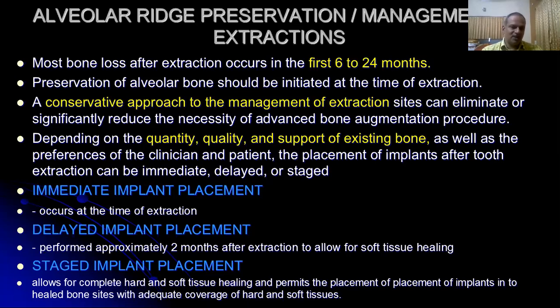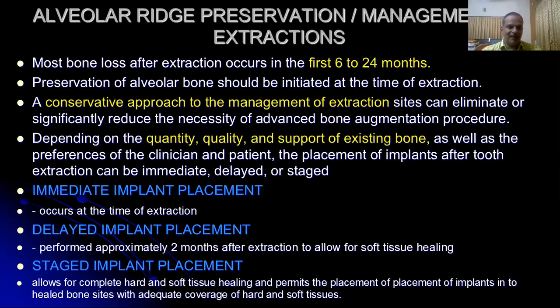The disadvantages of immediate implant placement: if the implant is placed with the two-stage surgical technique, there may be a requirement to mobilize the mucogingival flap more coronally, and subsequent surgeries may be required to manage the mucogingival discrepancies. Whereas delayed implant placement will have the advantages of immediate implant placement, that is, it will help in preservation of the extraction site.